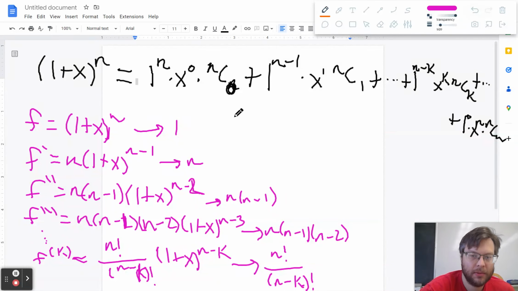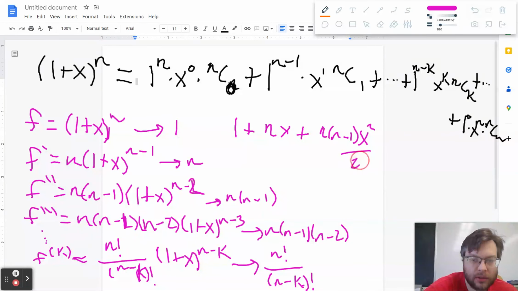So our function should be 1 plus n times x plus n times n minus 1 times x squared over 2 factorial plus dot dot dot.